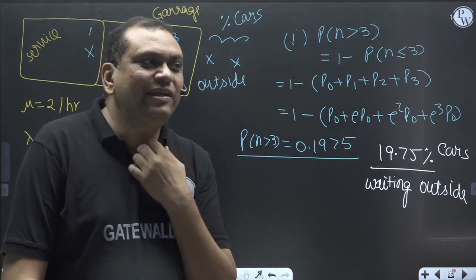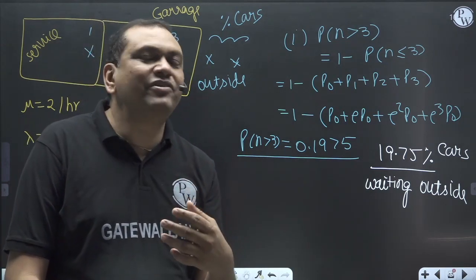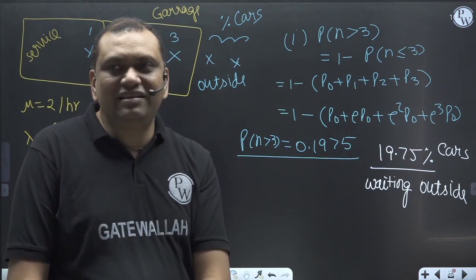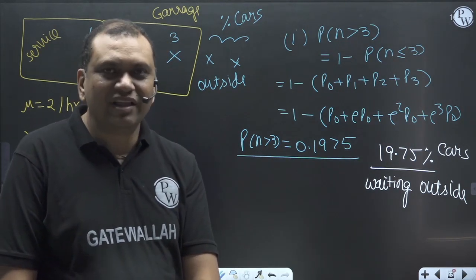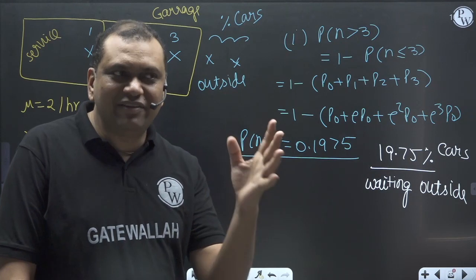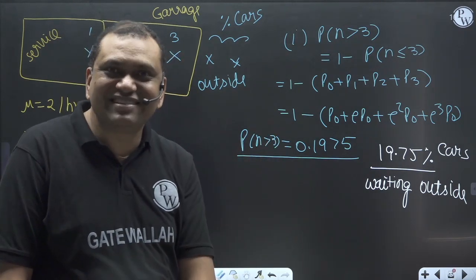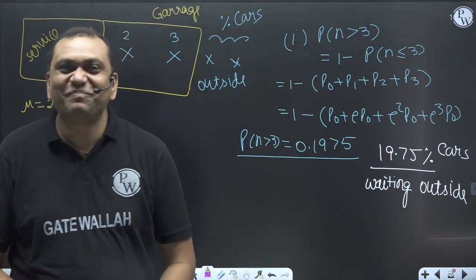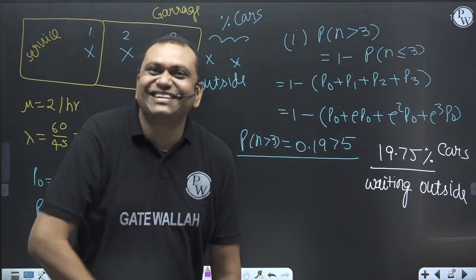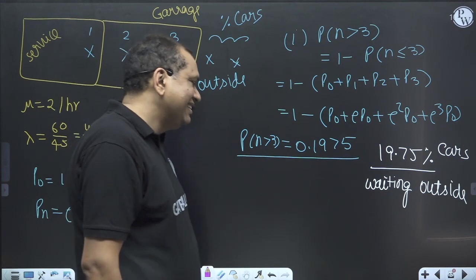Because 19.75% of customers are waiting outside, when the waiting area is full they will go away, so 19.75% of customers are lost. That is their conclusion. But that is a wrong answer.